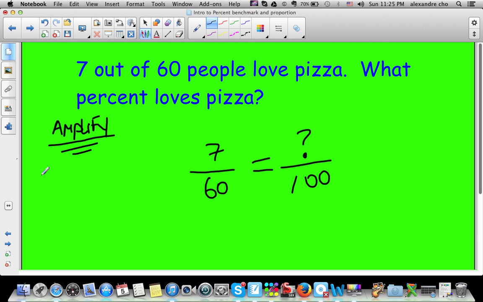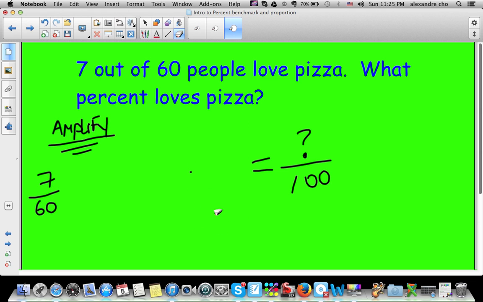We decreased it. So with 7 over 60, we're going to go the other way. We're going to increase it or amplify it. So we know that 7 over 60 is not going to work. So let me erase that and create a new one and leave that blank for now.